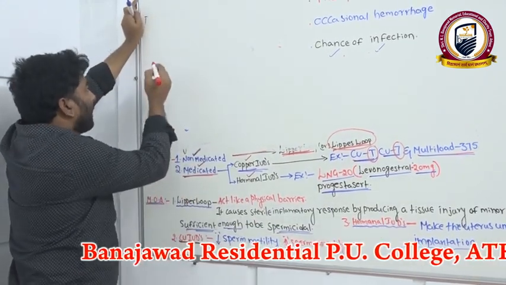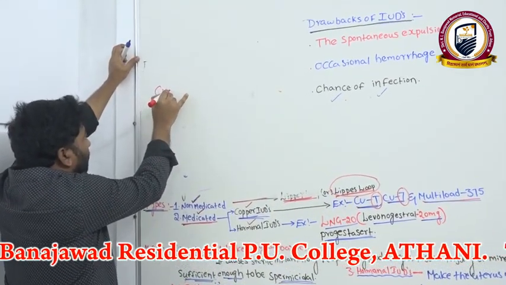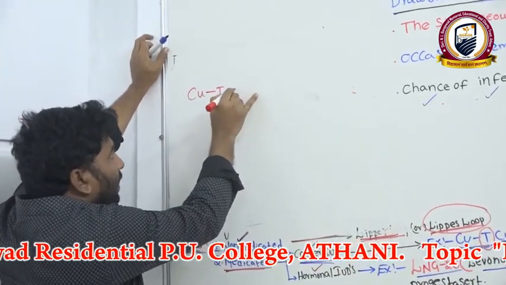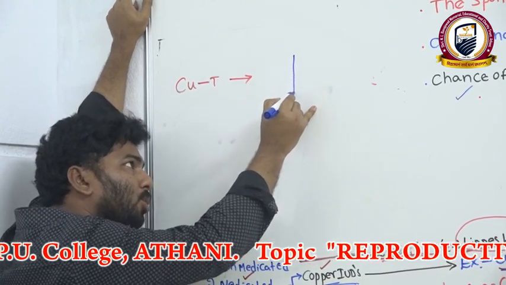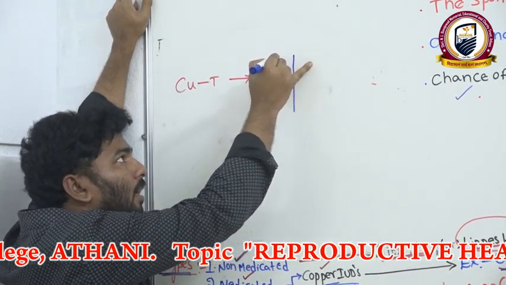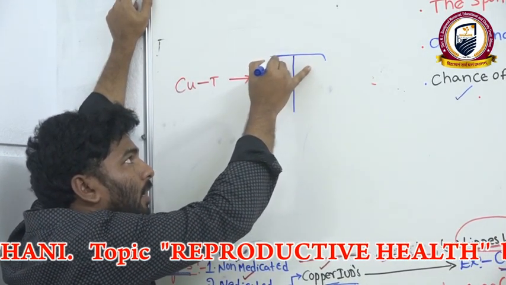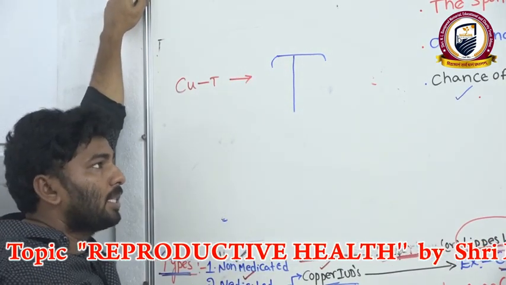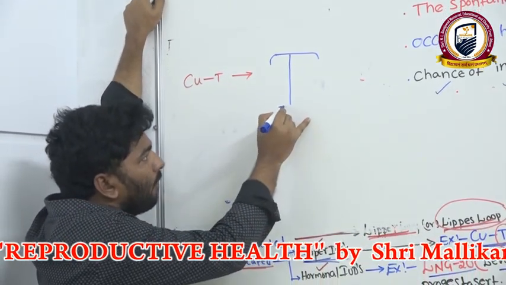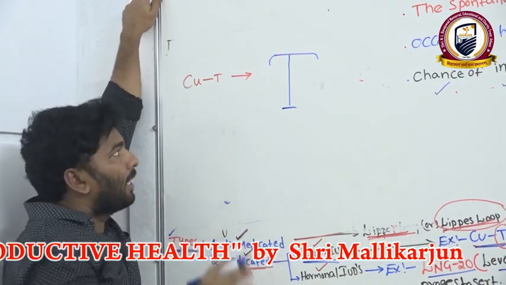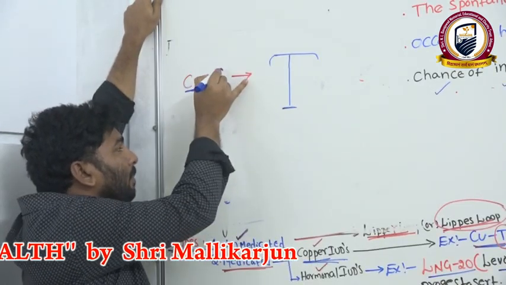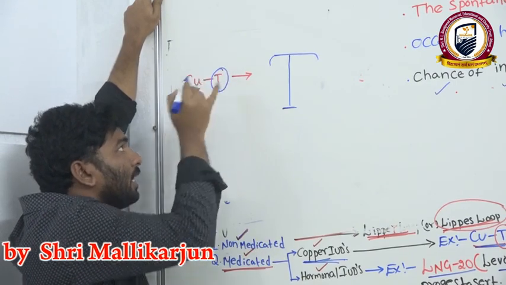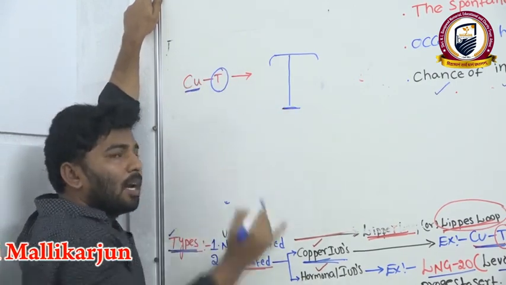Now if you take copper T, this IUD is a plastic tube, the same. Here we observe a T-shaped structure. It looks like a T, so we call it a copper T. Copper ions are present in it.